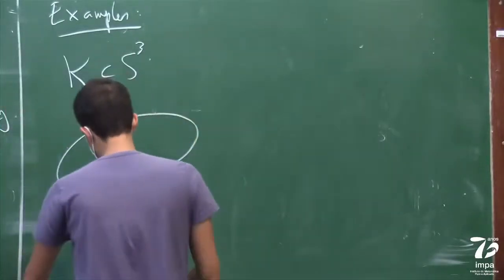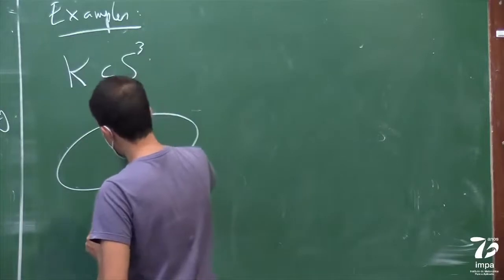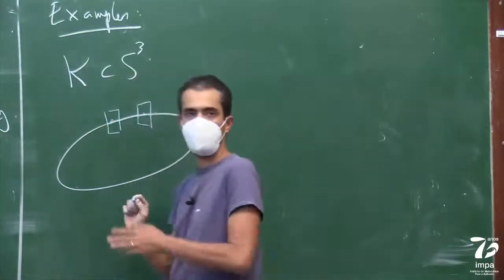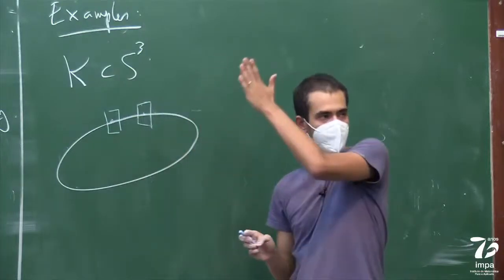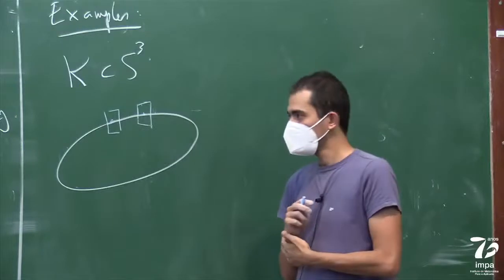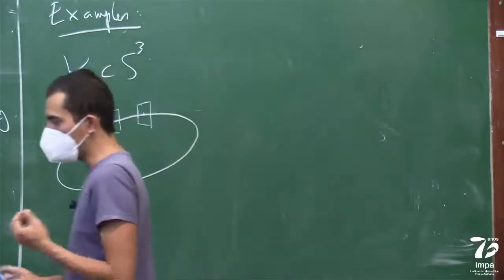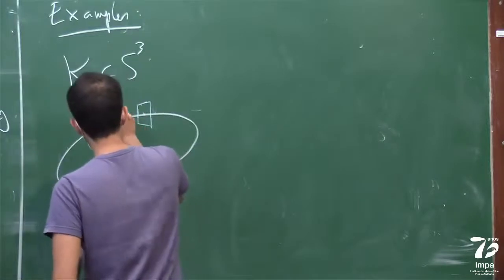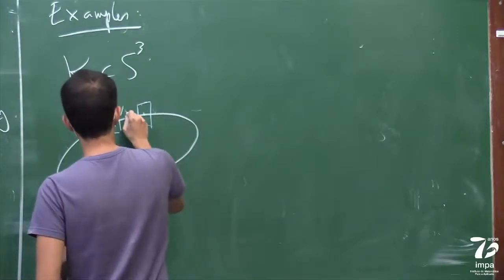And what is a framing? For each point, I have a normal space. In this case, it's a plane, the plane that's perpendicular to the tangent of the knot. A framing will be a choice of a basis for every point. So I can say, this is my basis, V1, V2.